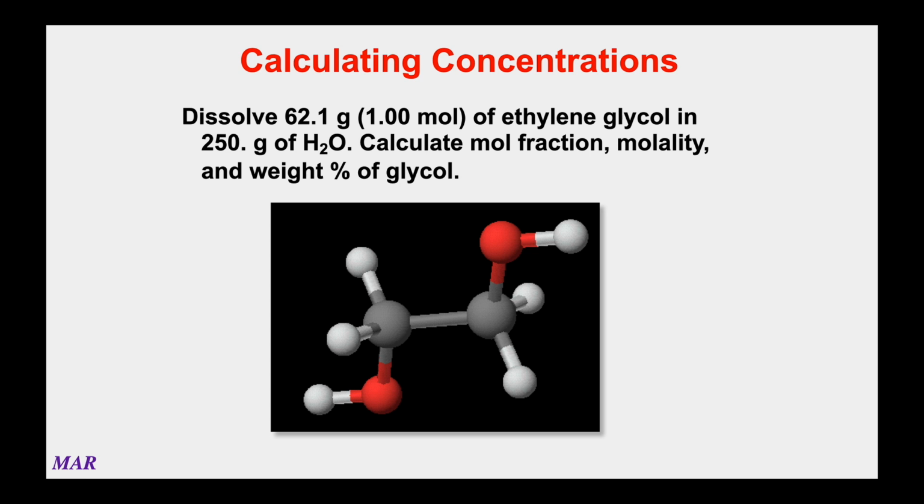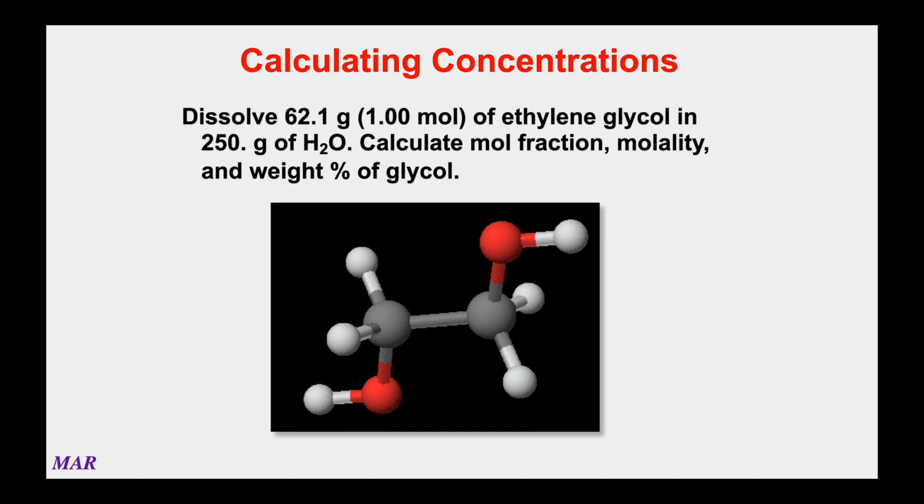All right, and this is an example we're going to go through a lot here. We're going to dissolve 62.1 grams, which is 1.00 moles, of ethylene glycol in 250 grams of water. We can use this information to calculate mole fraction, molality, and weight percent of the ethylene glycol.